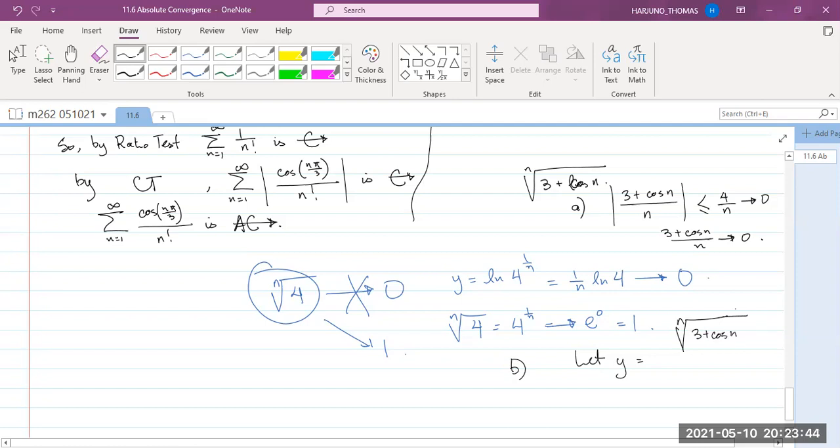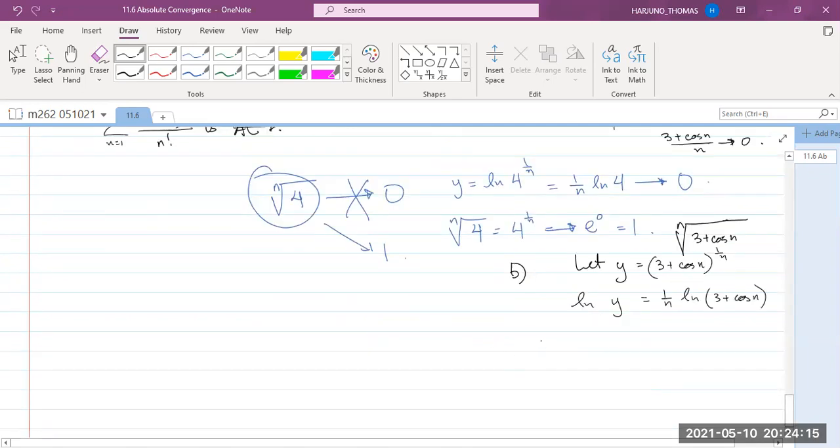But I think if I ask that question it may be too long, so I break it into two parts, part A and part B. So let y equal 3 plus cosine n to the power of 1 over n. Then natural log of y will be 1 over n natural log of 3 plus cosine n.